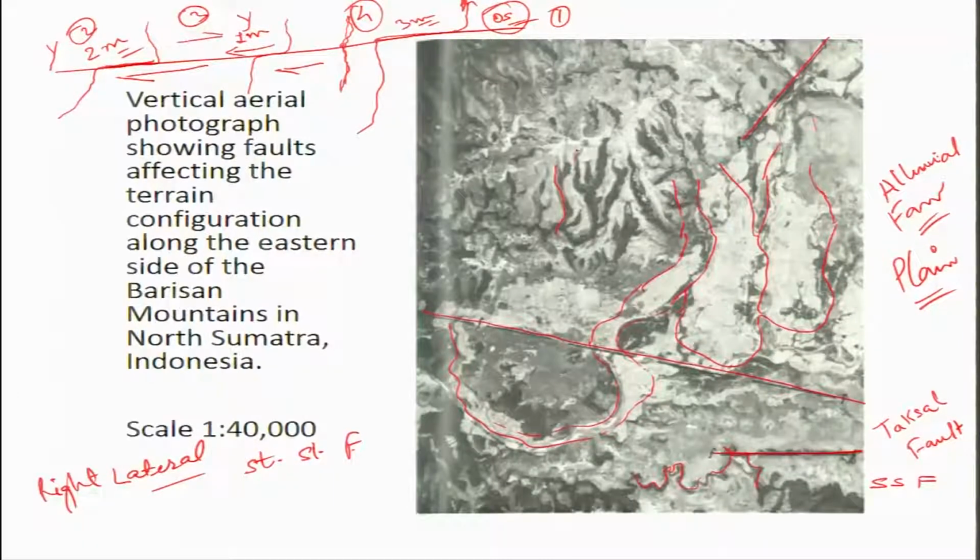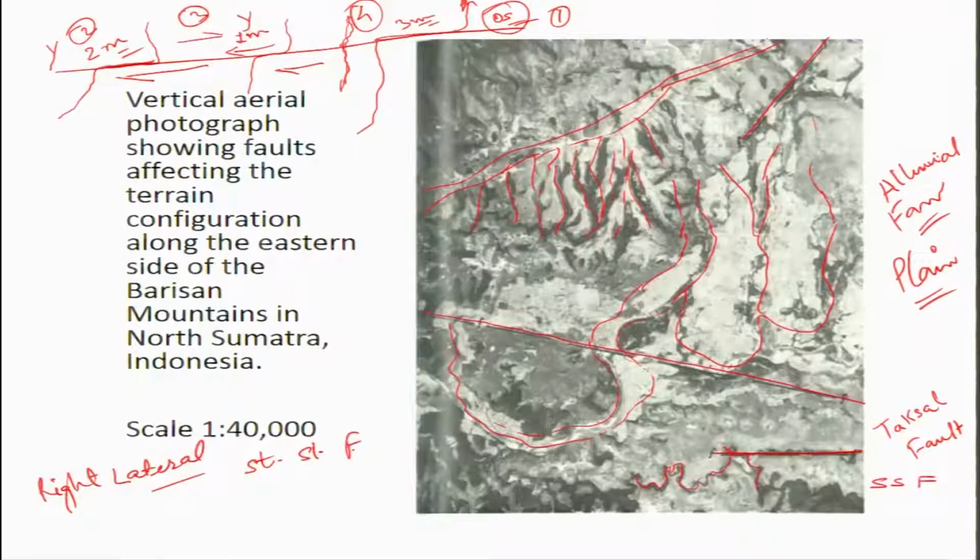Here very clearly dissected hills are shown, which can be mapped very easily on this photograph. Okay, this may be because of a river channel which is flowing from here to here. Okay, so whenever there is a supply of huge water quantity, there will be lots of erosion on the terrain, which depends on the slope of the topography.